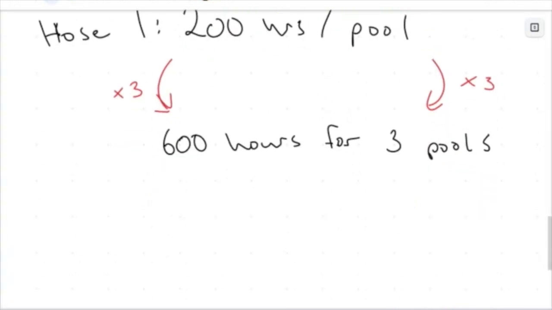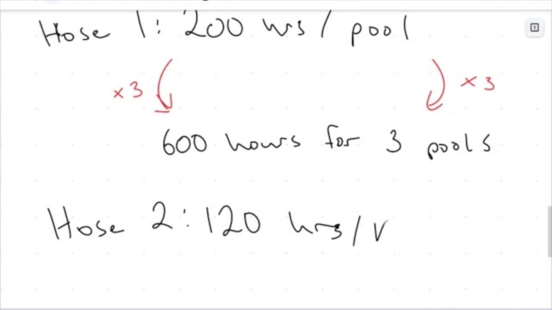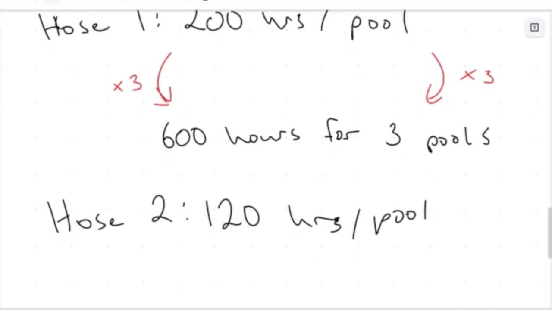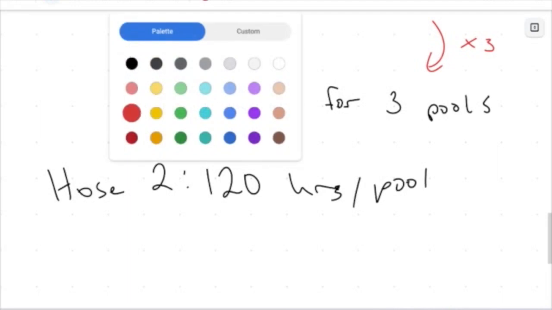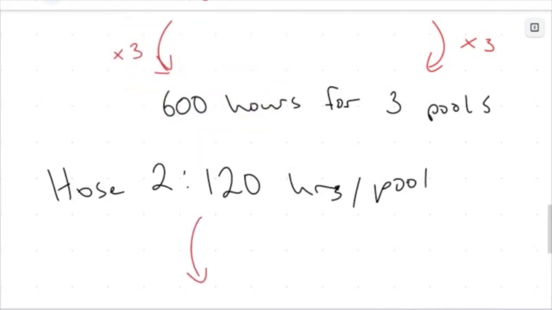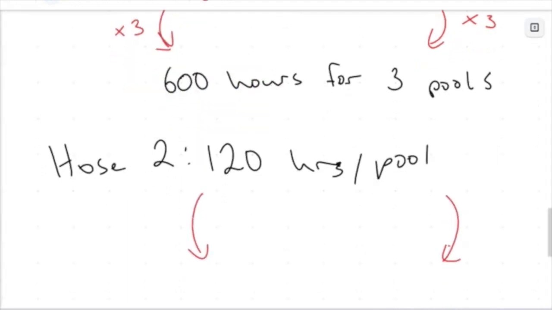Now, for hose 2, I have 120 hours per pool. So I want to get my 120 up to 600. So I want to say, well, what number multiplies by 120 to give me 600?